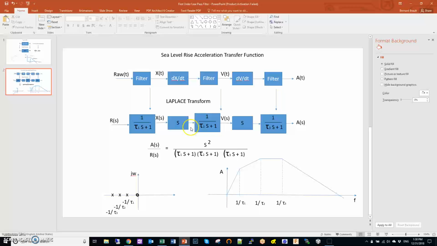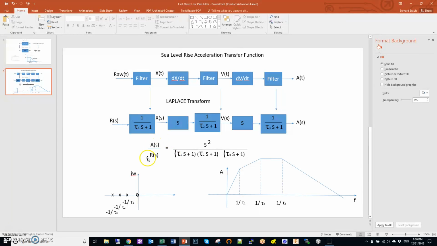Once you're in the Laplace or the s domain, all you have to do is multiply all of these to get the overall transfer function. So here's the overall transfer function between the acceleration signal that I obtained at the end and the initial raw data function.